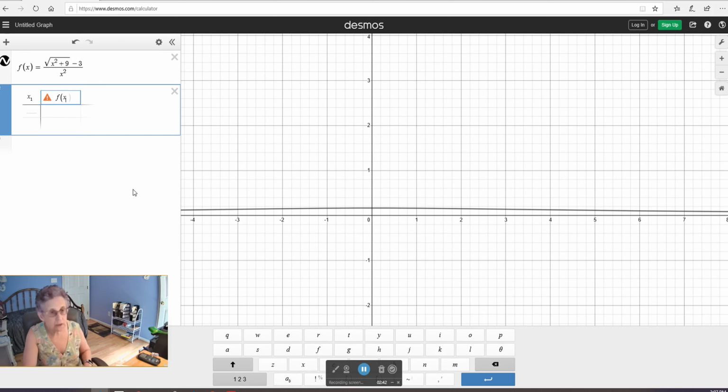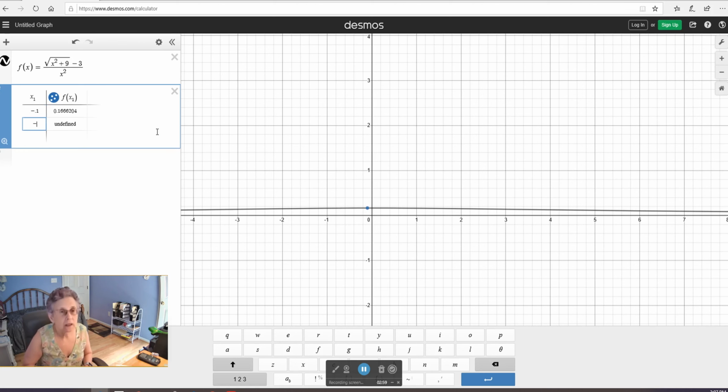There's your subscript, x1. So let's think about numbers that are close to 0 but a little bit smaller, like negative 0.1, negative 0.01, negative 0.001, negative 0.0001, and it's Desmos.